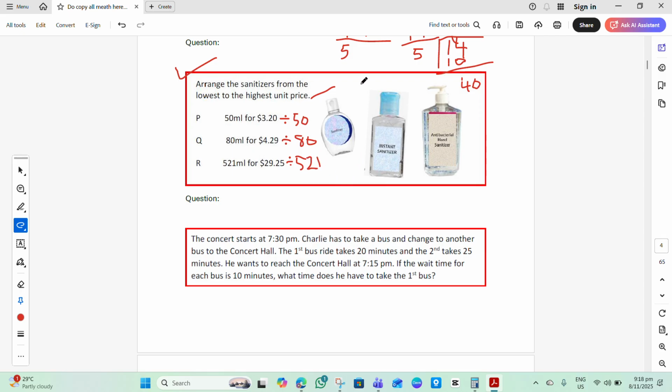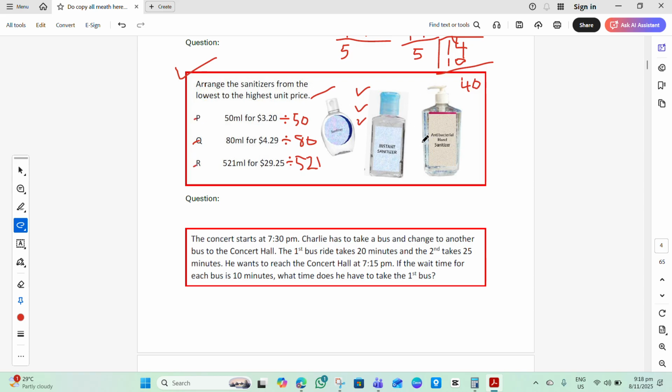After that, we see which is the smallest value. We write first on top, then the second value, the medium value, writing in the center, then the next value writing third. Understand? So you practice yourself to adjust. Answer is Q R P.